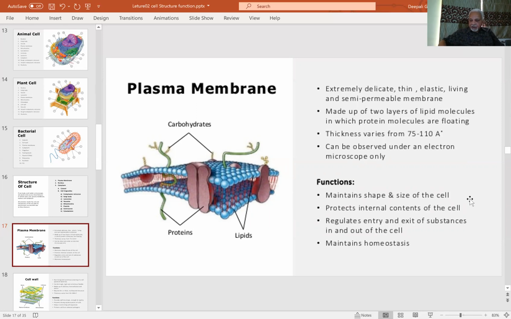This forms the outermost covering and encapsulates all the organelles together, gives shape to the cell, and helps in cell-to-cell communication.